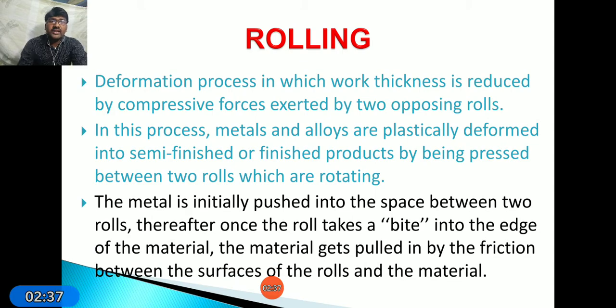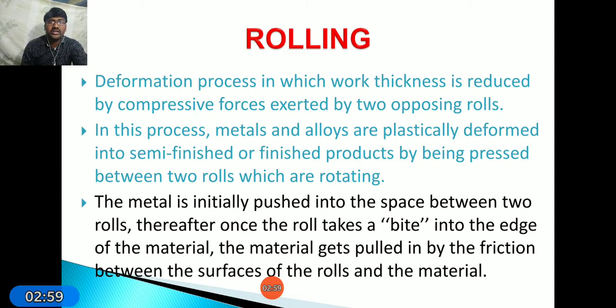Next, the metal is initially pushed into the space between two rollers. Thereafter, the roll takes a bite into the edge of the material. First we have to pass the material in between the two rollers. Due to this, friction occurs between the workpiece and roller.